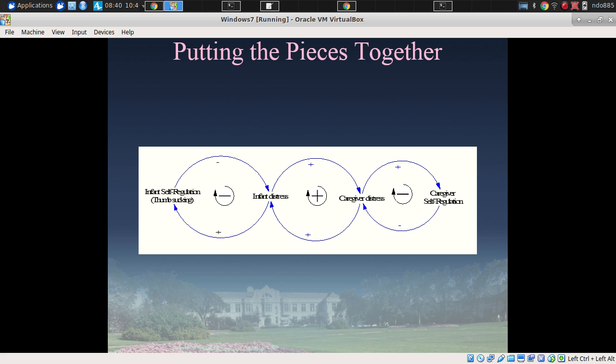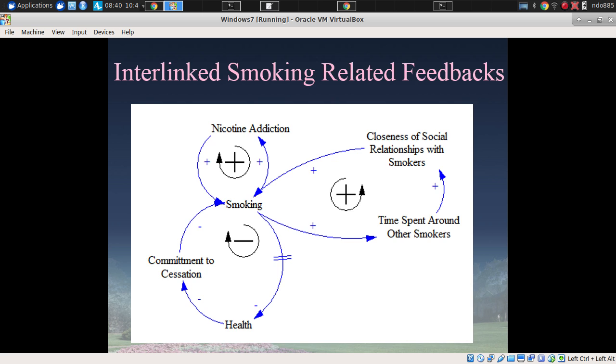But there's still this reinforcing feedback that needs to be managed. What happens is you get these regulatory loops competing with this reinforcing one, and it leads to dynamics that change over time in ways quite different than if you had any one of these in isolation. So here, we are dealing with competing loops, competing feedbacks.